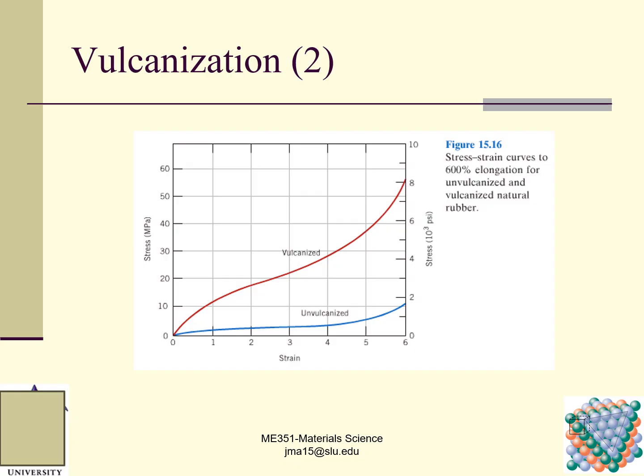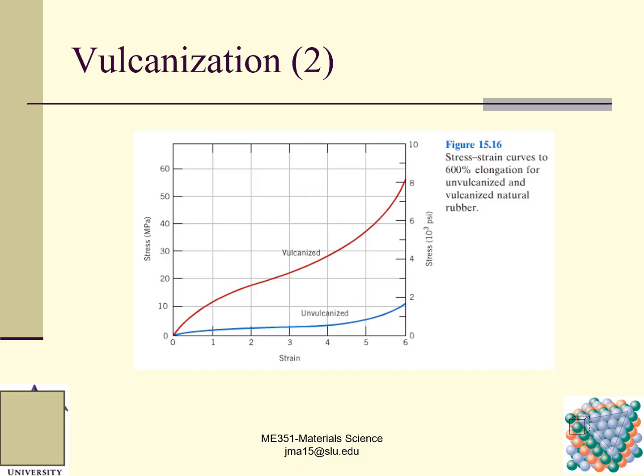This figure shows the stress-strain curves to 600 percent elongation, a very huge number, for unvulcanized and vulcanized natural rubber. For unvulcanized, the strain can go very, very high, but the stress is relatively low.